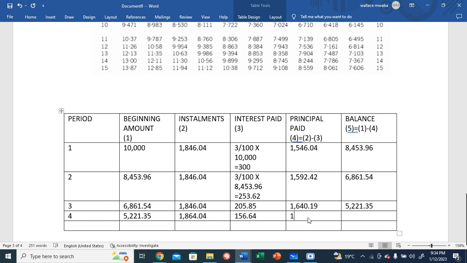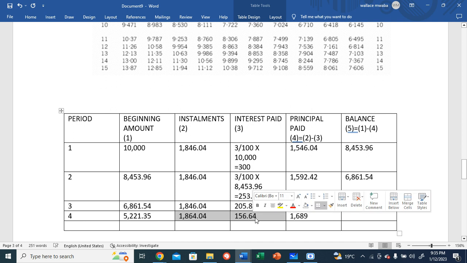Anybody to give me the value as I'm just putting my phone back on charge? 1,689. Sure. This minus this.